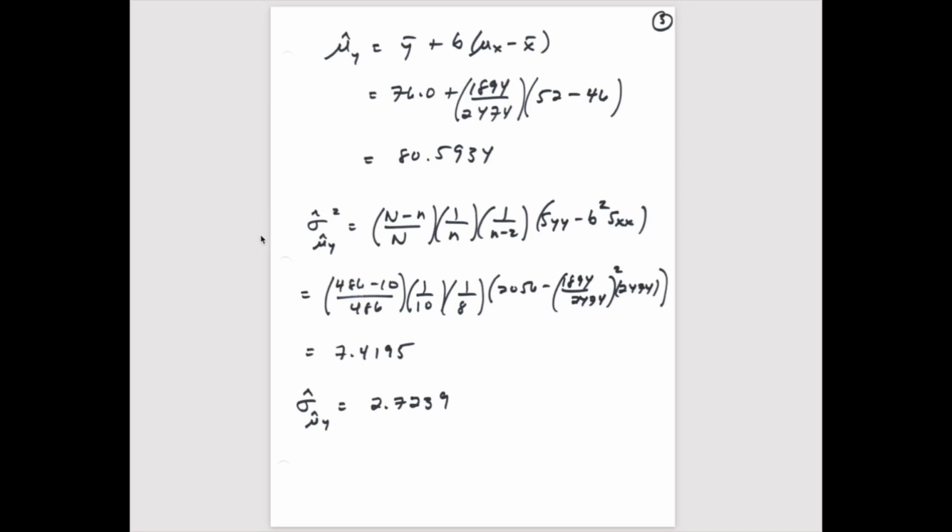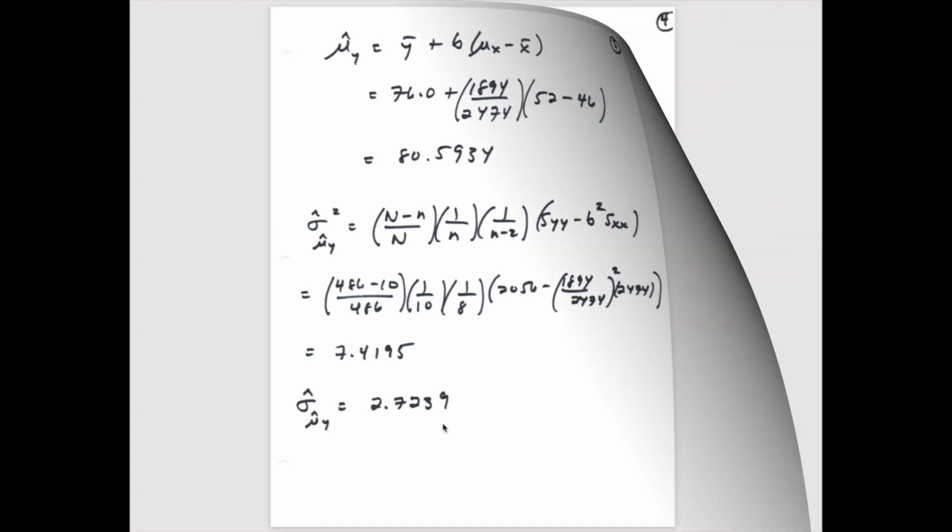And so to do that, we'll first need to calculate the estimated variance of mu hat sub y. This formula gives us the estimated variance, and that turns out to be 7.4195. The square root of that gives us the estimated standard error of mu hat sub y, which is 2.7239.